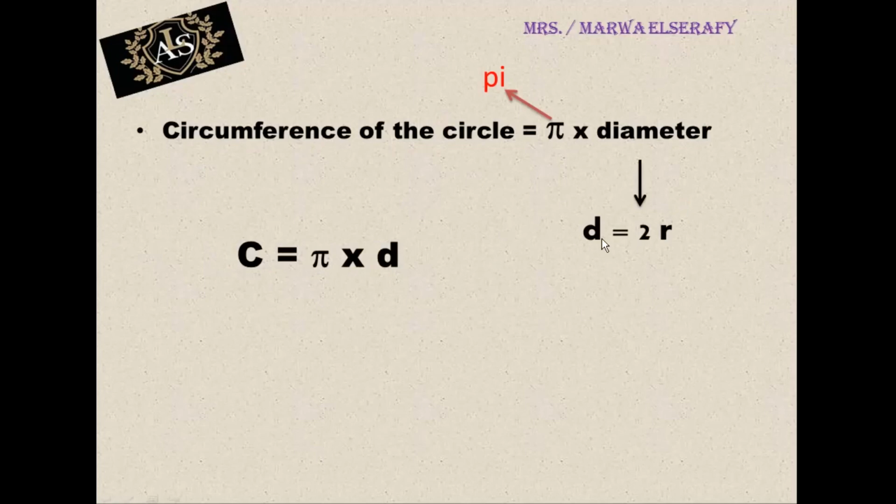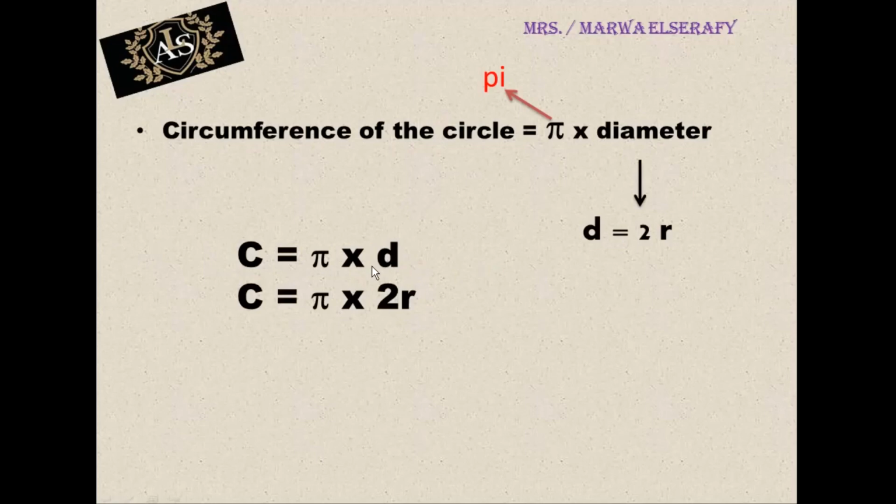And we know that d equals 2r. So we can remove d and put 2r. The two rules are the same, but we use the first one if he gives me the diameter.